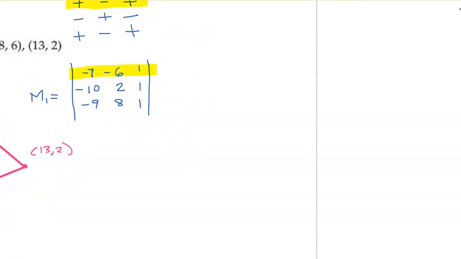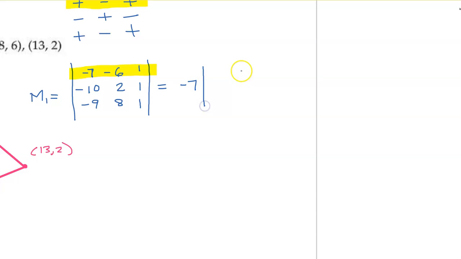All right, well, first thing, we have something called cofactors. Each one of these numbers, the -7, the -6, and the 1, is called a cofactor. So if I want to find the determinant of this matrix, I start with these cofactors. So I'm going to start with the -7.